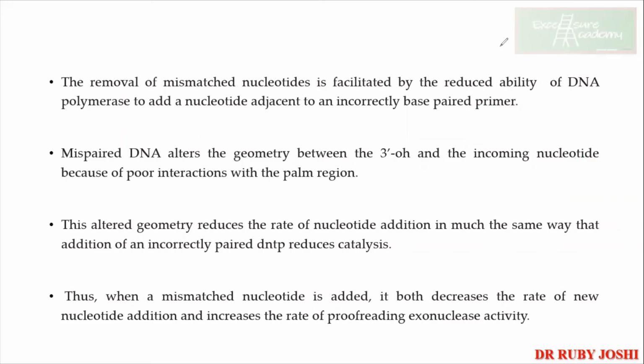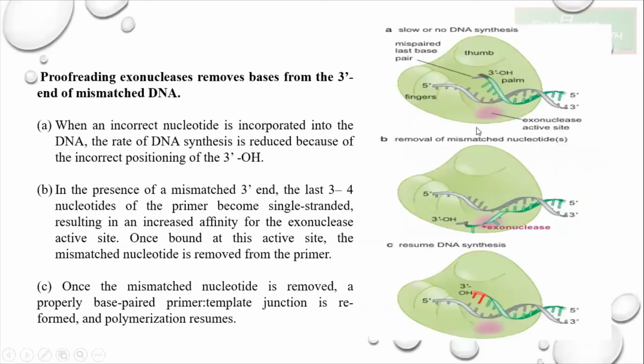ठीक है, अब देखते हैं कैसे करता है ये. सपोज यहाँ पे देखते हैं, where you have got no DNA synthesis, so the exonuclease active site is present over there. Can you see? This is your exonuclease activity. Okay, now look over here. You have got the mismatch.